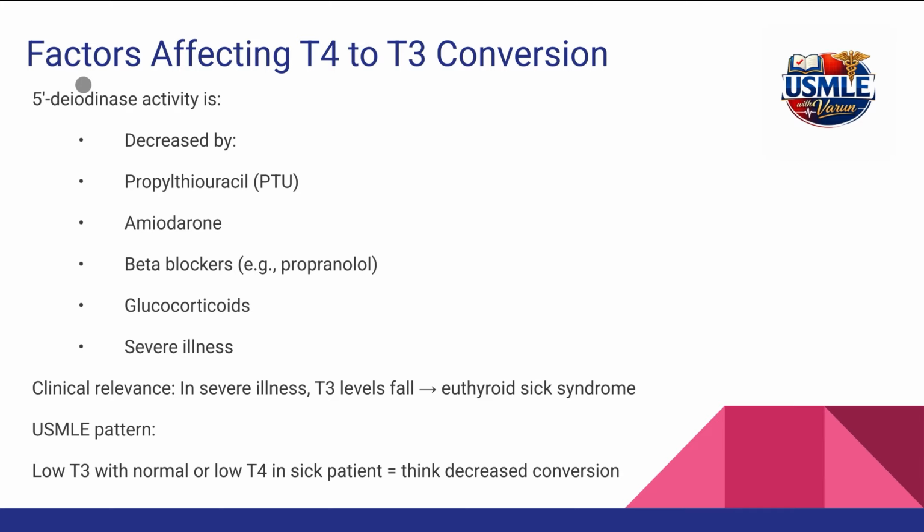In all these cases, 5'-deiodinase activity reduces, which leads to a fall in the levels of T3, which eventually leads to a condition called euthyroid sick syndrome. So for low T3 with normal or low T4 in a sick patient, we need to think about decreased conversion.